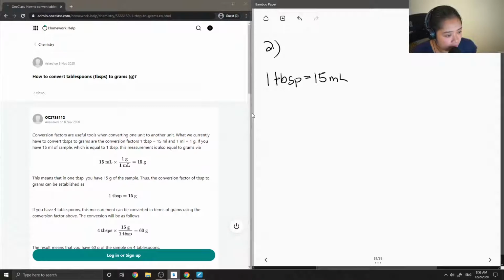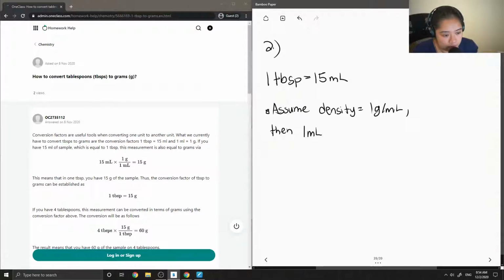And also, if we assume the density is equal to 1 gram per milliliter, then we can say that 15 milliliters is equal to 15 grams.